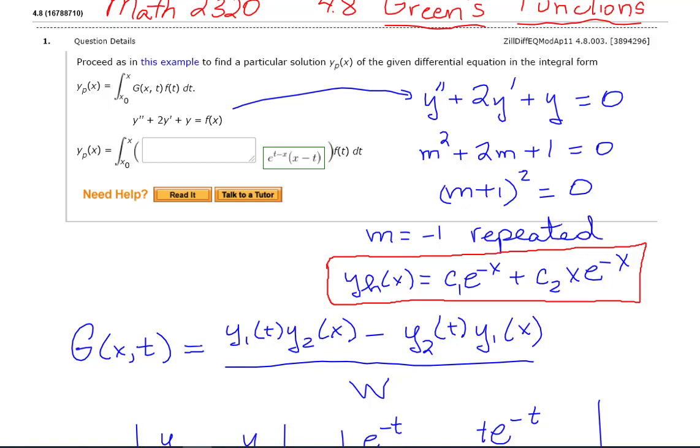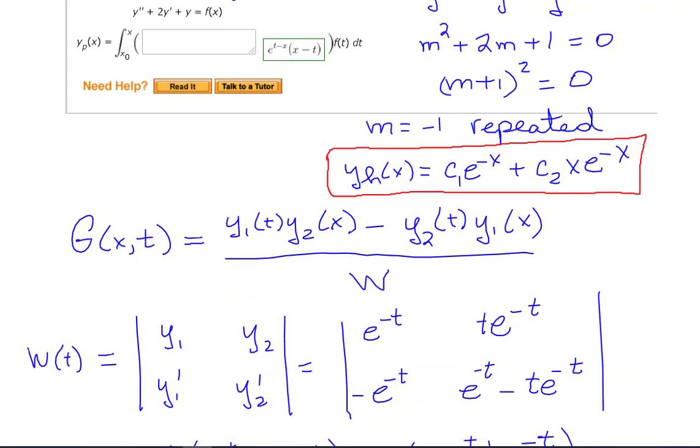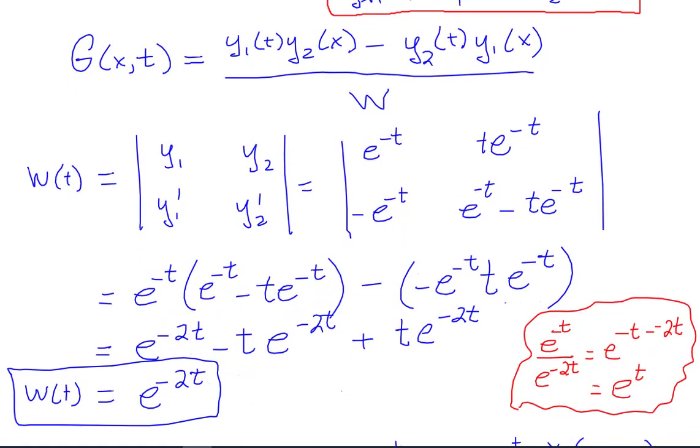Alright, so we'd like to see what does this Green's function look like. So first off, remember our Green's function is y1 of t, y2 of t, y2 of x, y1 of x, and the Wronskian on the bottom is not in terms of x but in terms of t.